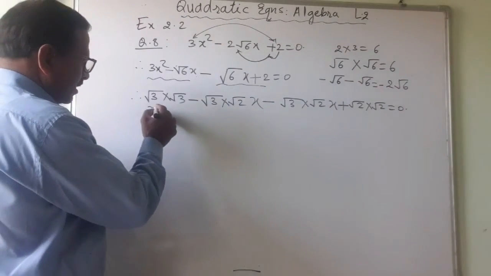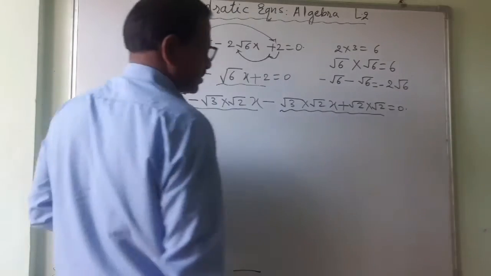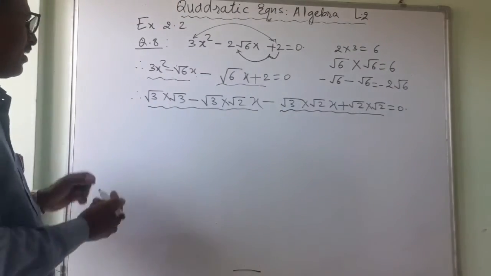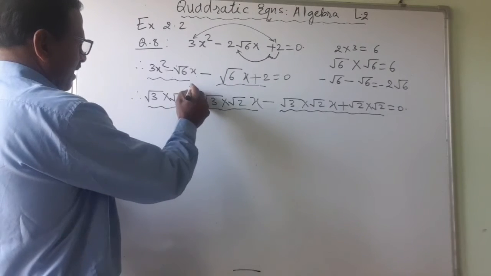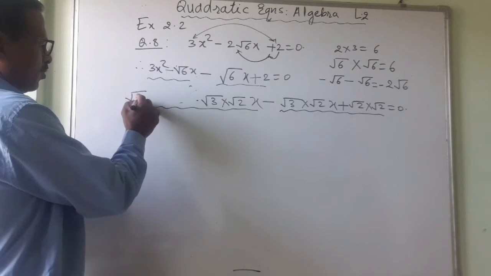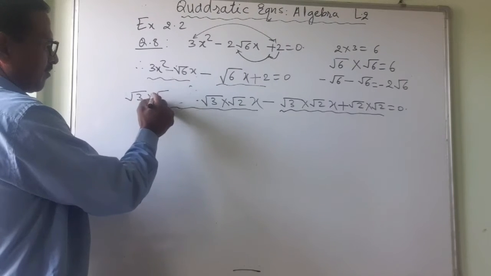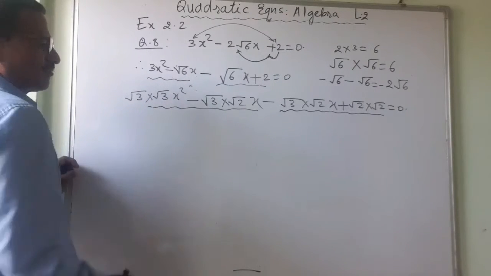Now I will make the two groups and find what is common. Here x square is remaining, x square. I will write it properly, root 3 into root 3 x square, and this is minus.